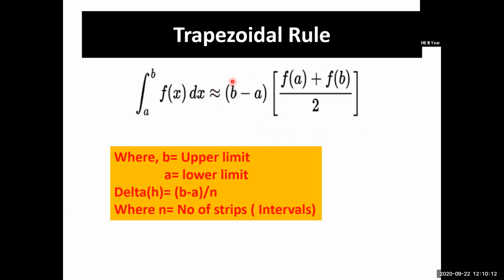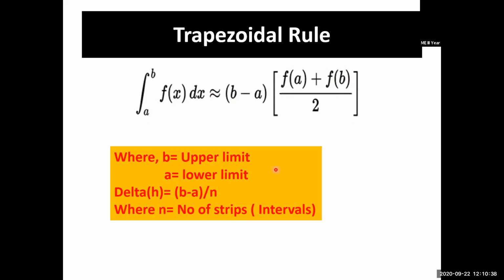The formula is (b minus a) into (f(a) plus f(b)) by 2, where b is the upper limit and a is the lower limit. f(a) is the value you get when you put a in the function f(x). Similarly, if you put the upper limit value in that function, you get the f(b) value.